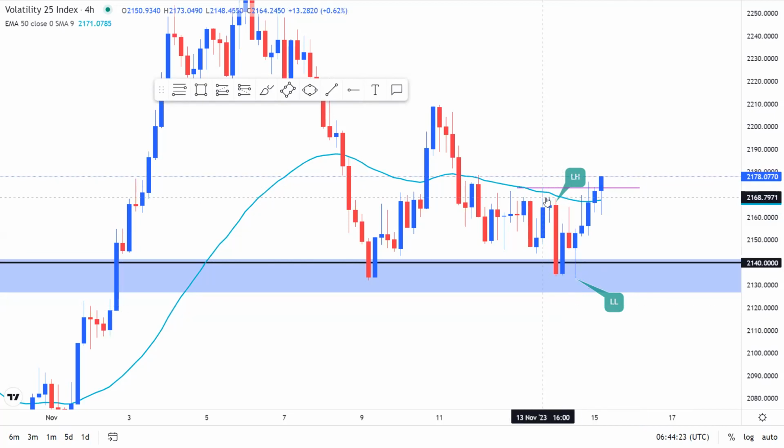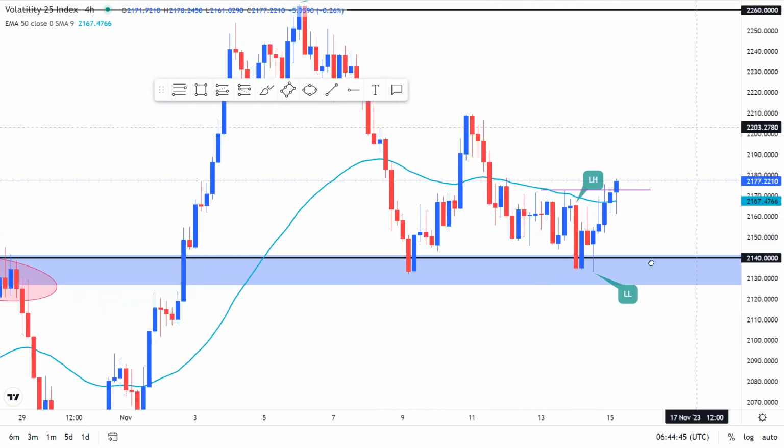So we have this being the lower high that led us to these swing lows right about here. And then we've seen the close above the level. We've seen a break above the 50 exponential moving average from the 4-hourly time frame perspective.